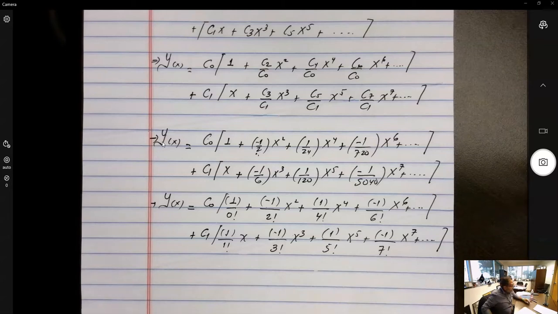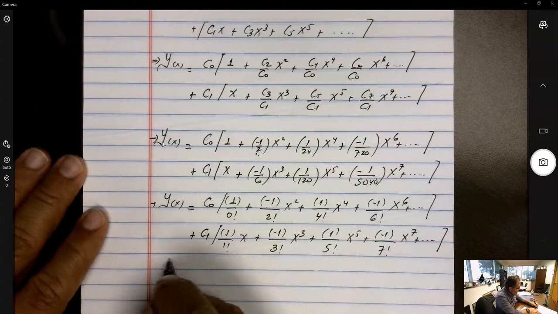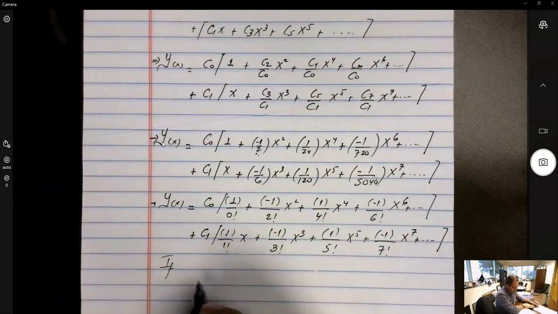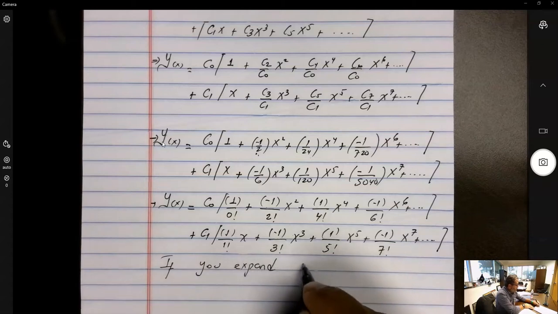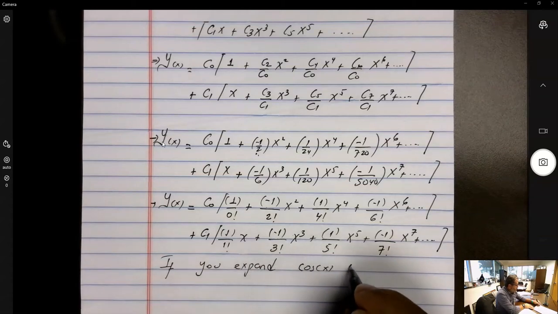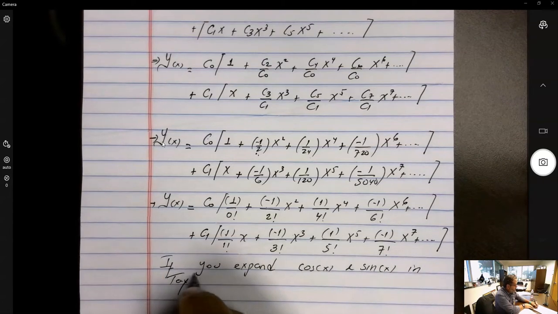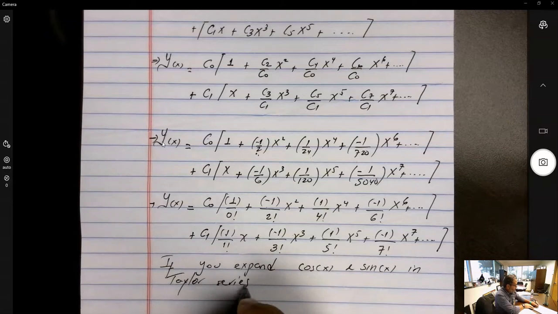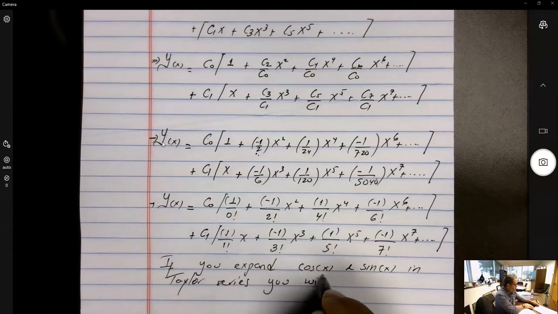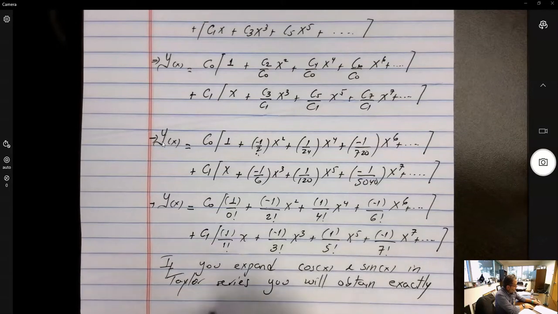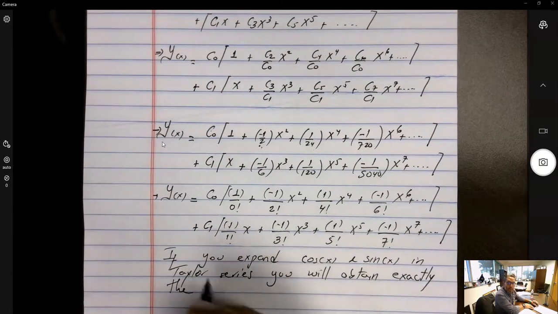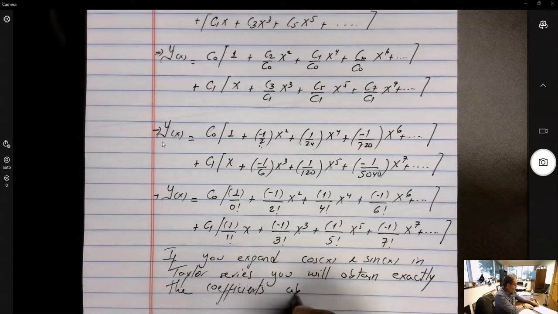And it turns out that if you expand the cosine of x and the sine of x in Taylor series, you will obtain exactly the coefficients above.